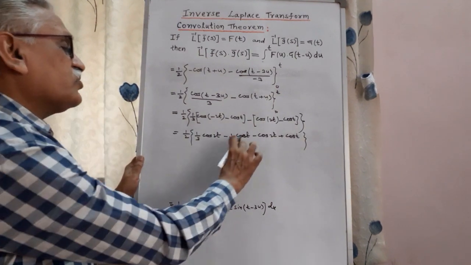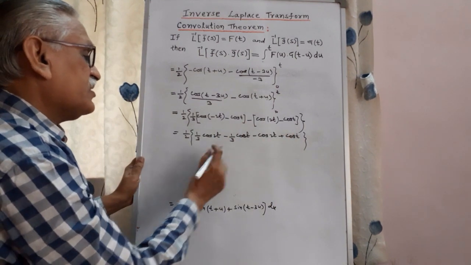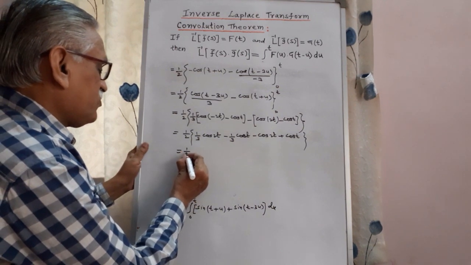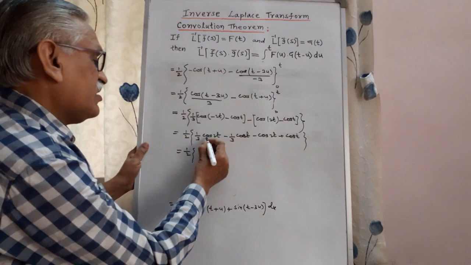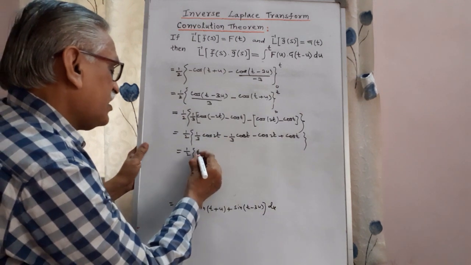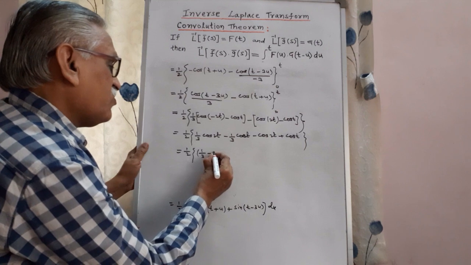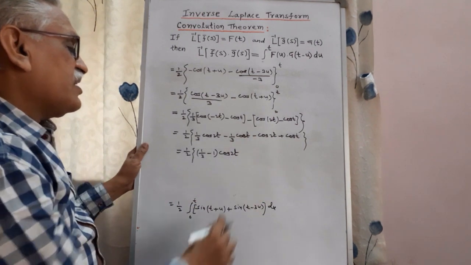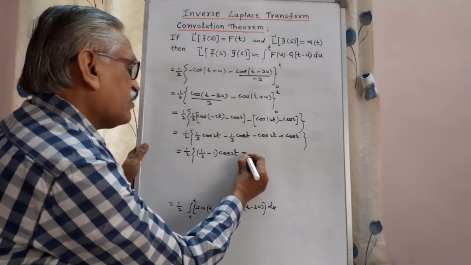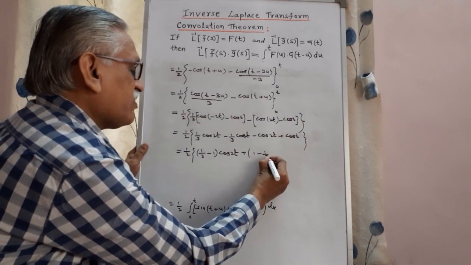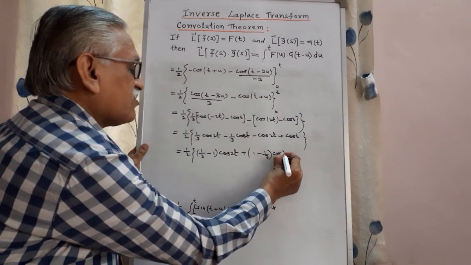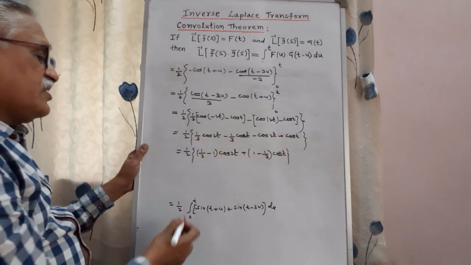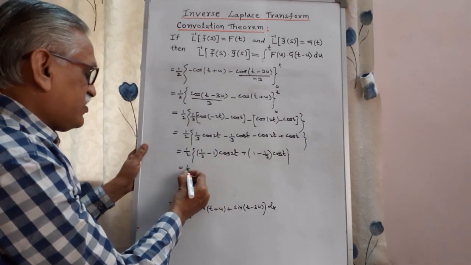Okay, there are two terms of cos t, we can combine it, and two terms of cos 2t, we can combine it. Therefore 1 by 2, when we take cos 2t common, here it is 1 by 3 minus 1 into cos of 2t, and when we combine it, it is 1 minus 1 by 3 times cos t, adding the same term.